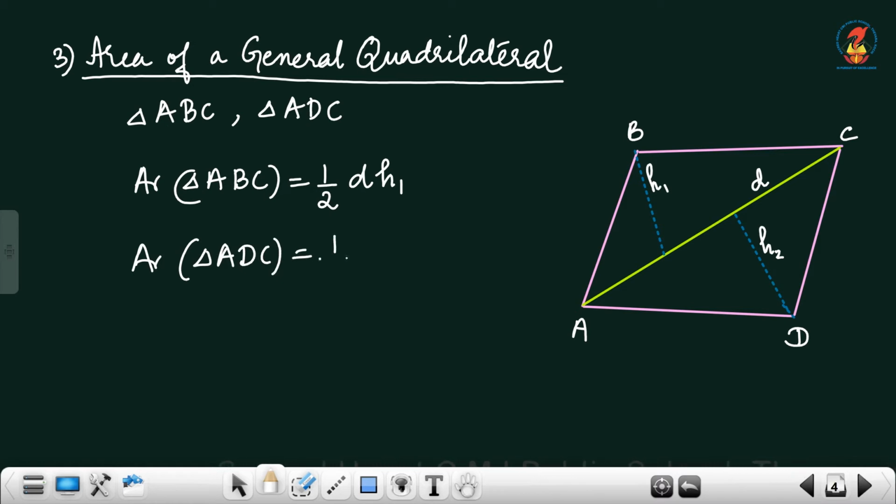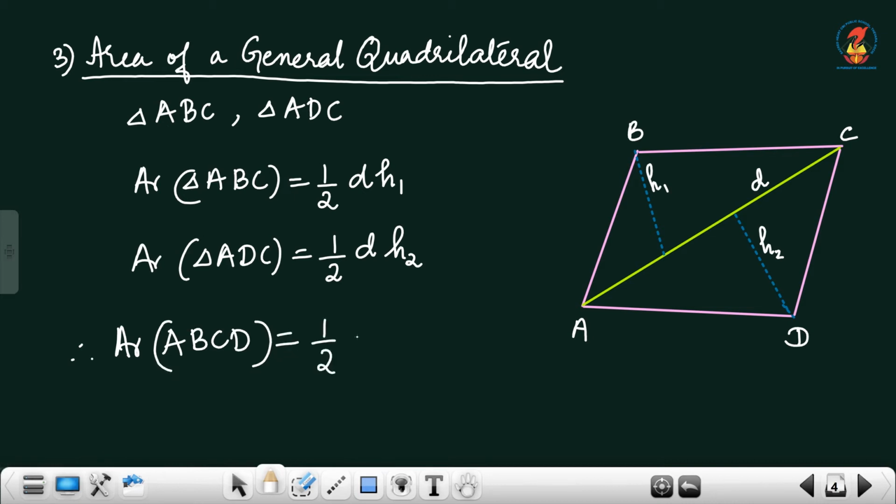It will be again half, base of the triangle is D, height of the triangle is H2. Therefore, area of the quadrilateral ABCD will be area of triangle ABC plus area of triangle ADC, half DH1 plus half DH2.